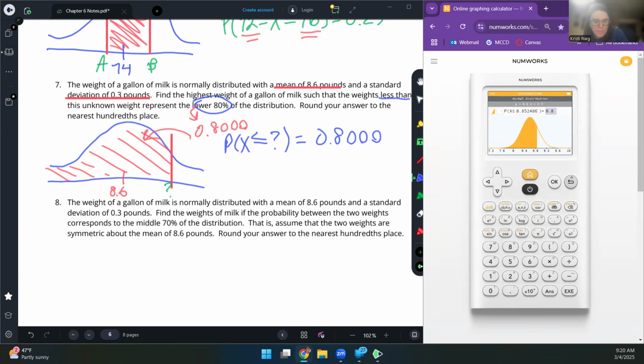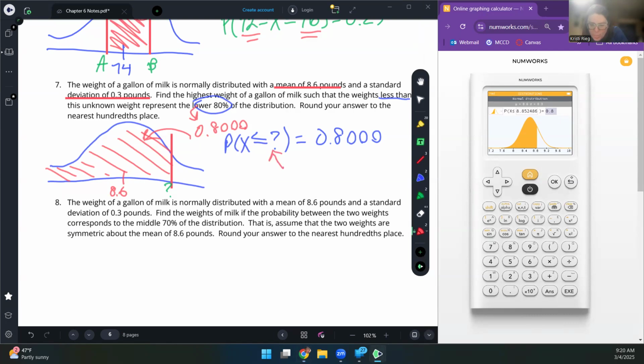So here, this question mark that we just solved for is 8.85 pounds to the nearest hundredth. That's the answer that we're looking for, 8.85, because we're looking for the data value, the X in this example.